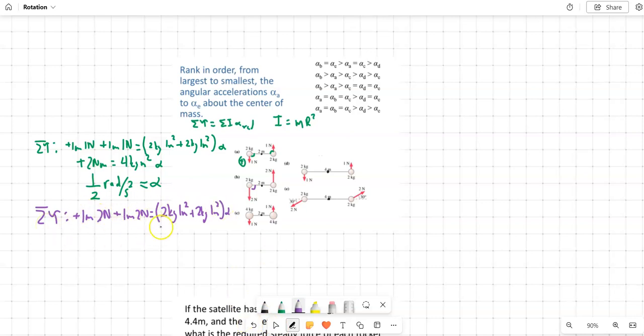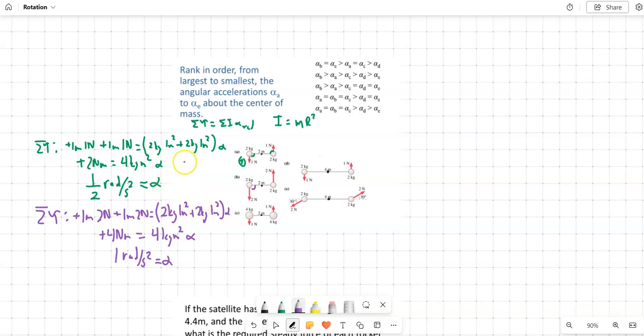So summing all of this together, this is going to be positive 4 Newton meters, and that's equal to the moments of inertia side, 2 plus 2, so 4 kilogram meters squared times alpha. So this is 4 divided by 4, which is positive, the positive is implied, so it's 1 radian per second squared. And that's going to be the alpha for B.